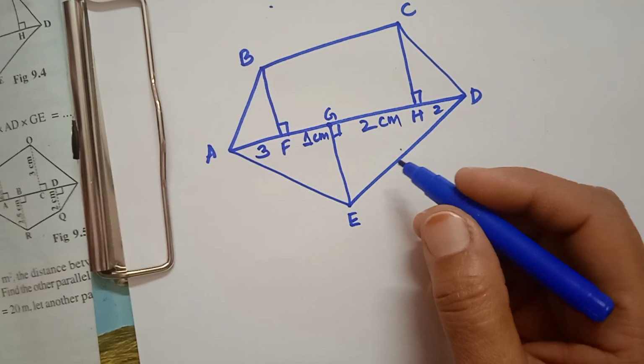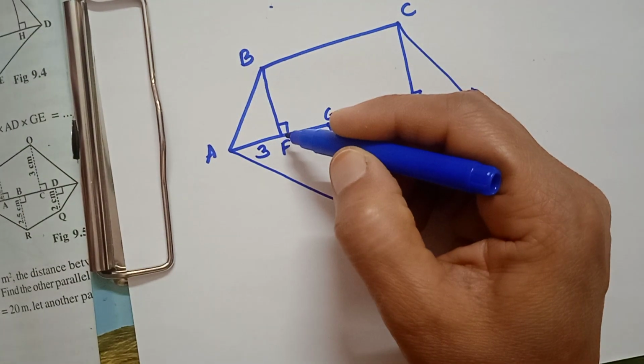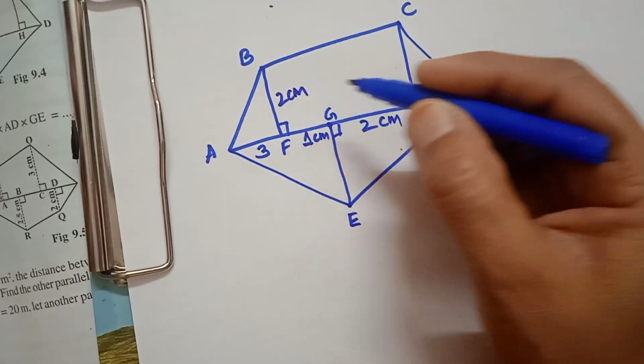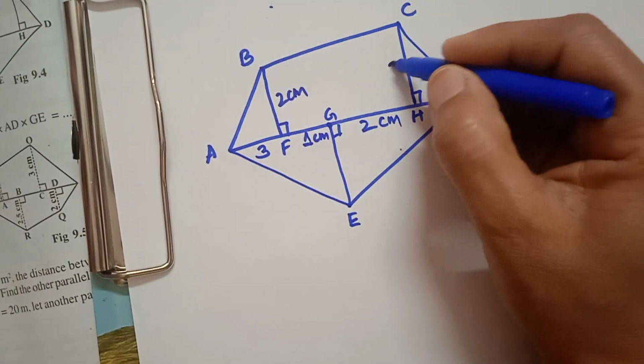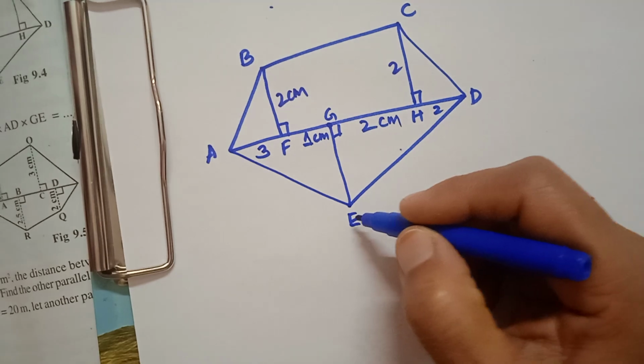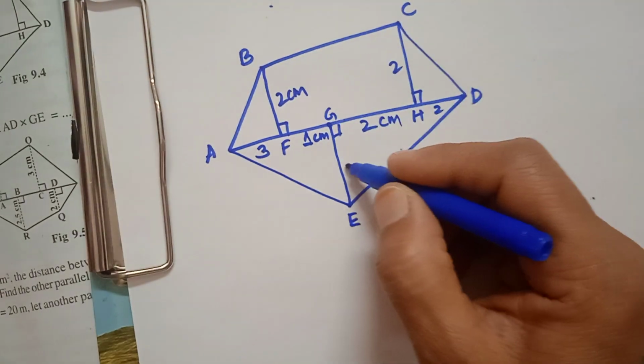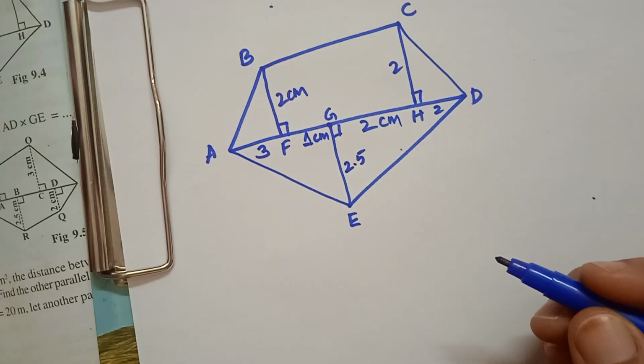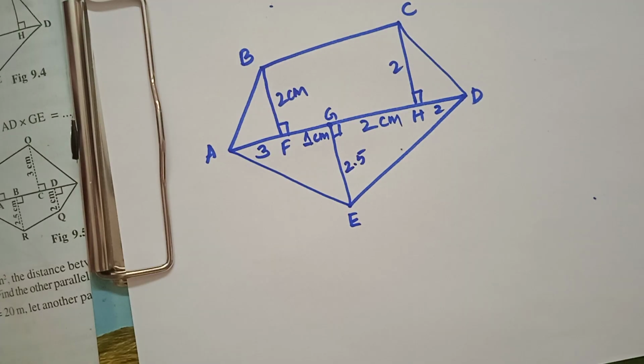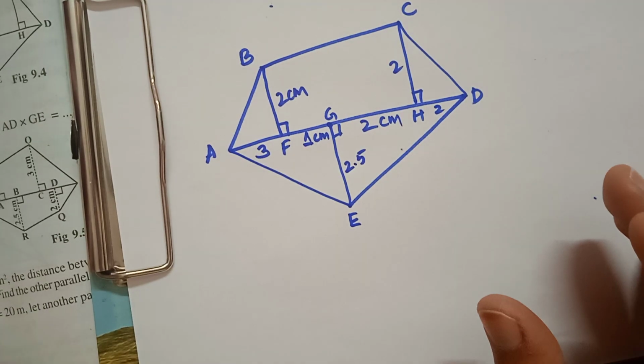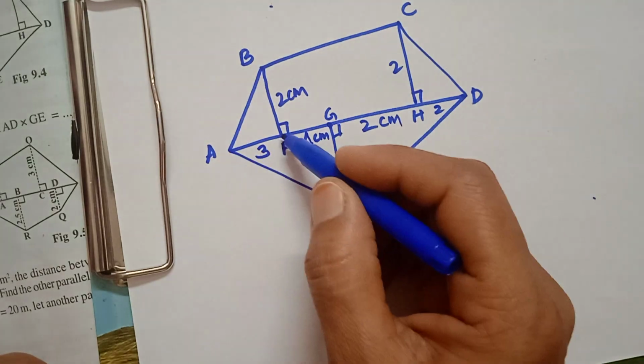Next, they have told BF perpendicular is 2 centimeter and then CH, that is also 2 centimeter, and EG perpendicular, it is 2.5. Okay, now let's start with the area of triangle AFB.